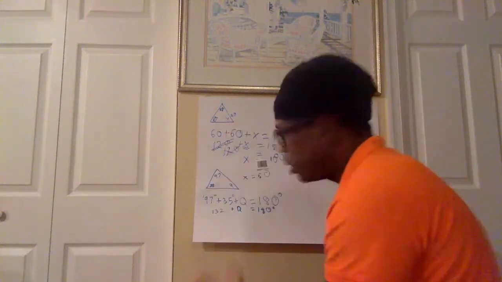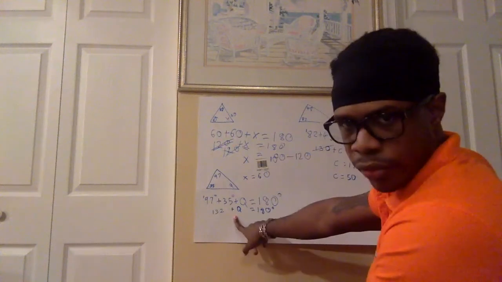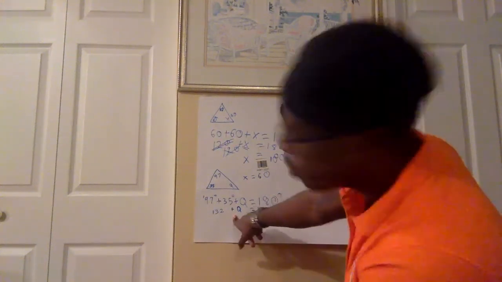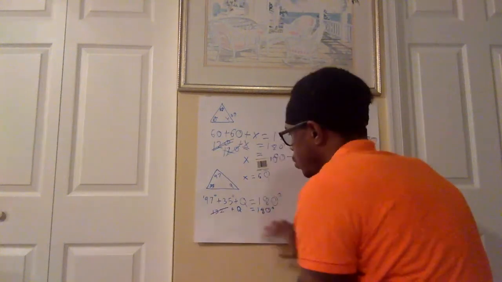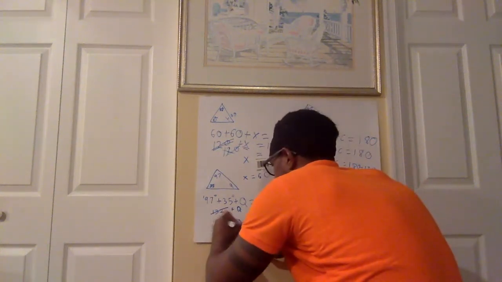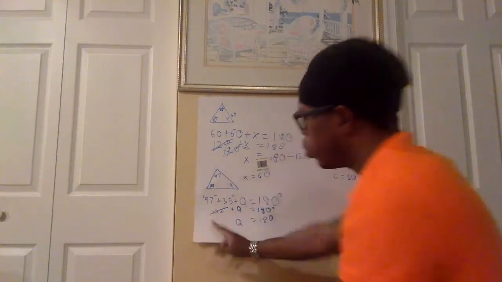So again, you have a number and a letter. What we need to do is let that letter be on the side by itself. So we take away the 132. So that's going to be Q is equal to 180. Whatever you do on one side, you have to do the other.